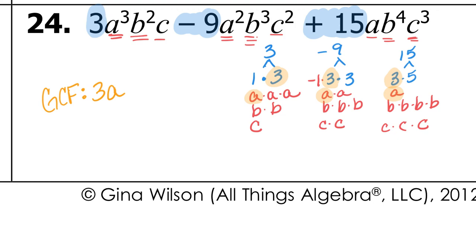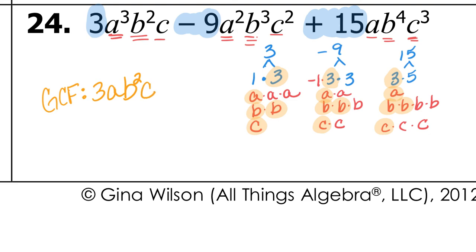Some have more, and that's fine, but they at least all have one in common. They all have a B, and they all contain a second B. So in my GCF, that would look like B to the power of 2. And lastly, they all contain the letter C, but only one of them.